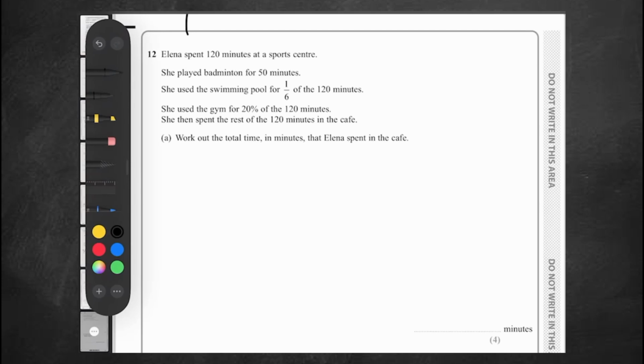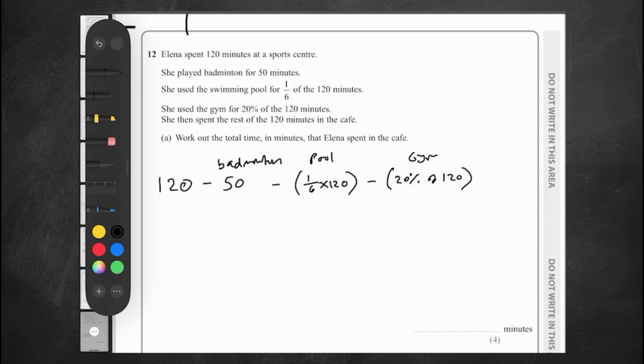Right. So she starts with 120 total, minus 50 badminton, minus 1/6 of 120 for pool, minus 20% of 120 for the gym, equals cafe.